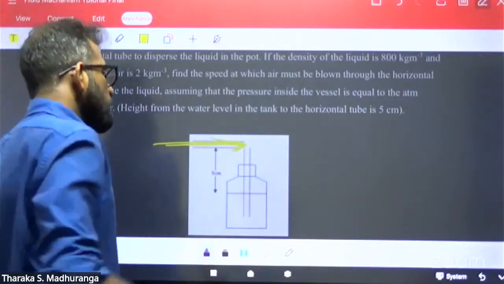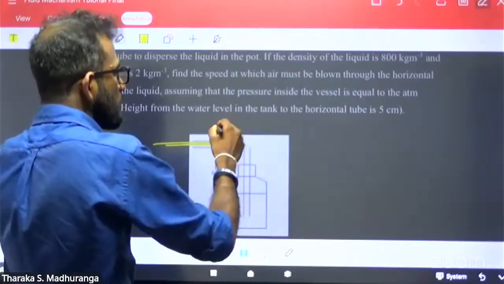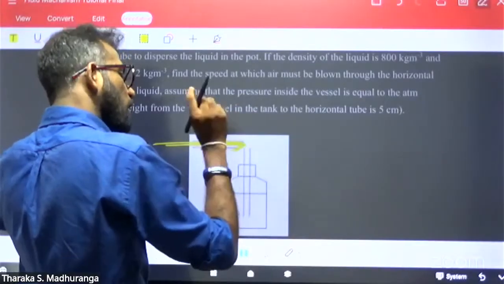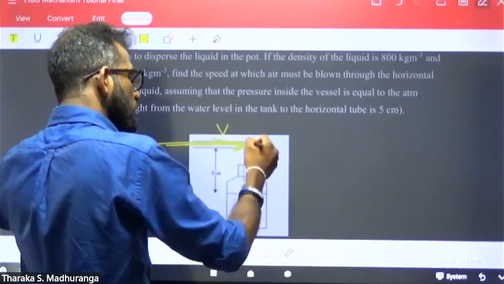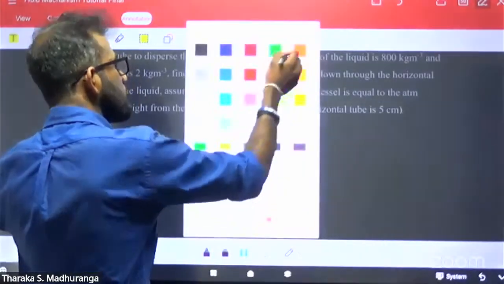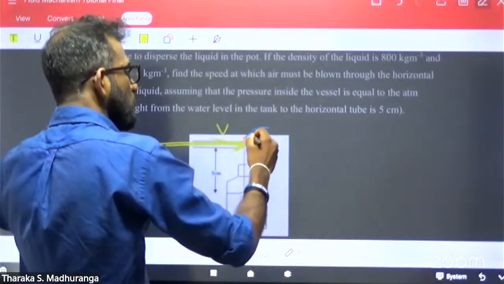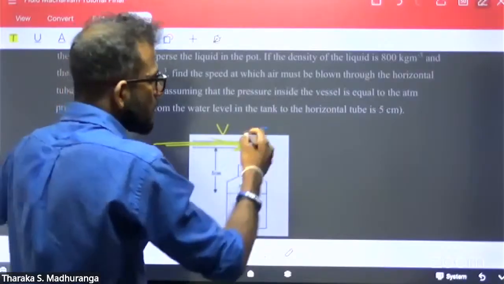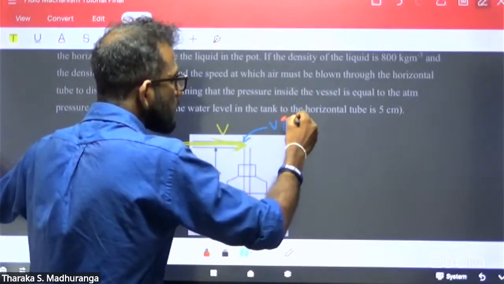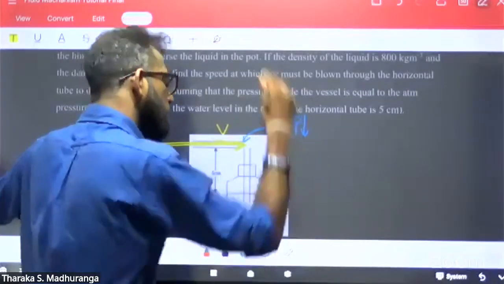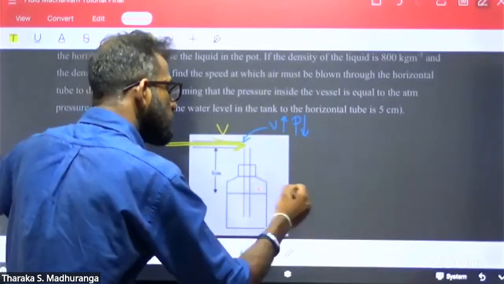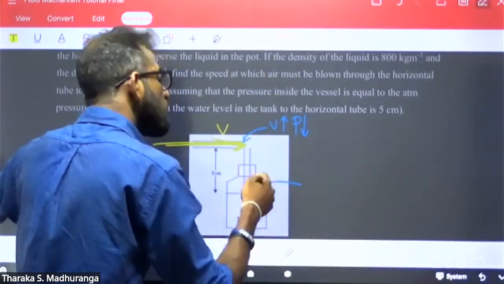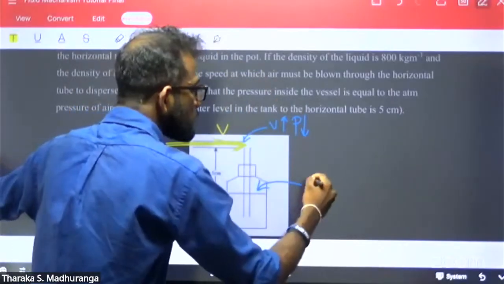When we increase the air speed, on this point the velocity increases and the pressure decreases. But inside the vessel, the question says it is atmospheric pressure.